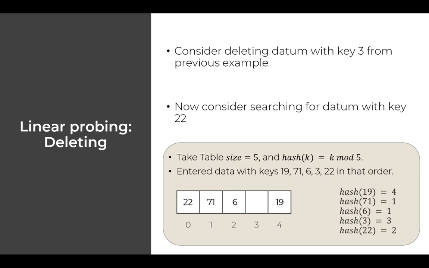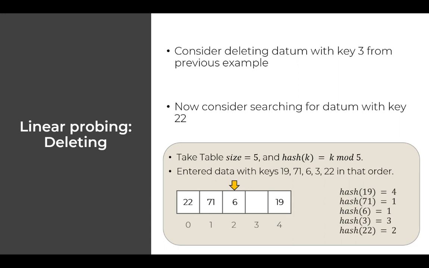So we try to find the key 22 in that hash table. We look at the hash value for the key 22, which is 2, and find 71, which is not equal to 22. So we continue our probing. We look at the next element, 6, which is not equal to 22.